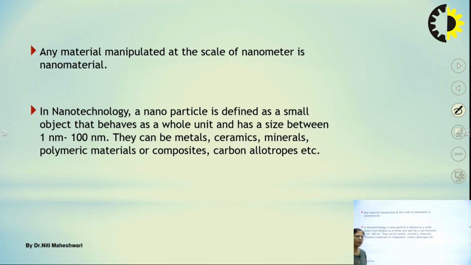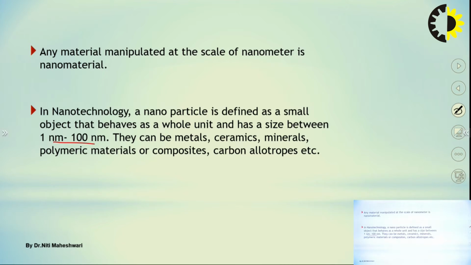So, when we break down a bulk material to a small size of the order of 1 to 100 nanometer, that material is termed as nanomaterial. In nanotechnology, a nanoparticle is defined as a small object that behaves as a whole unit, and its size ranges between 1 nanometer and 100 nanometer.